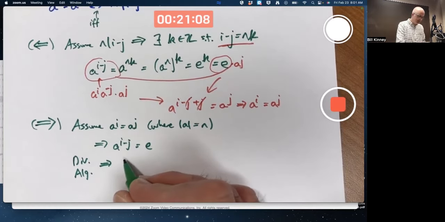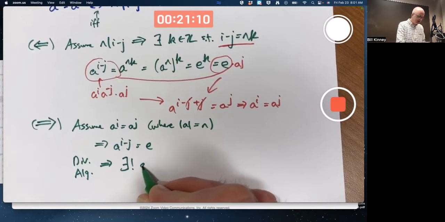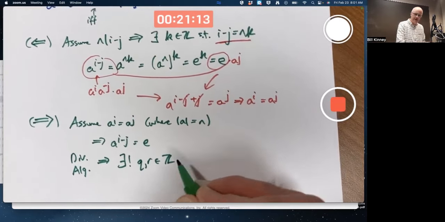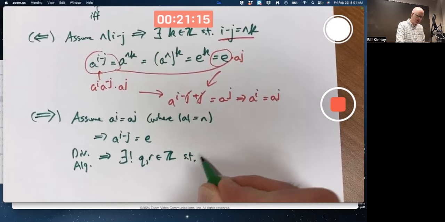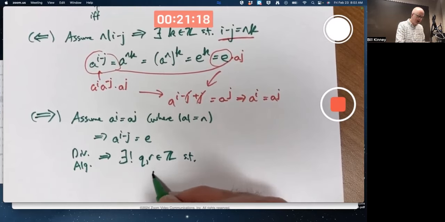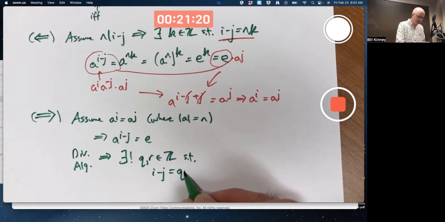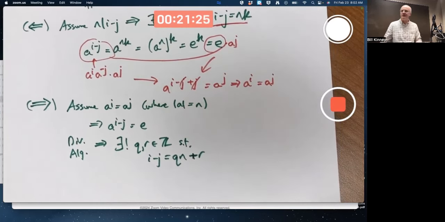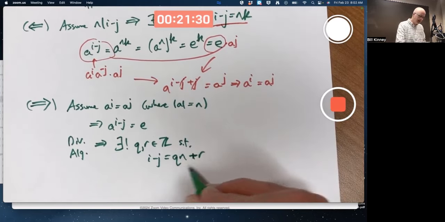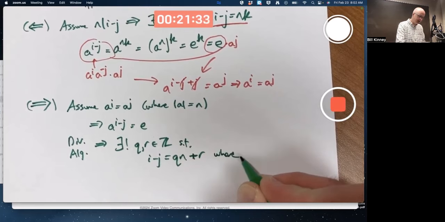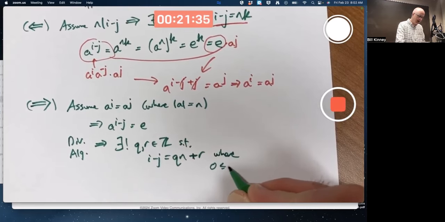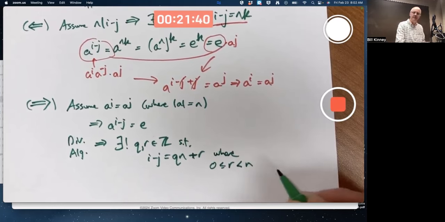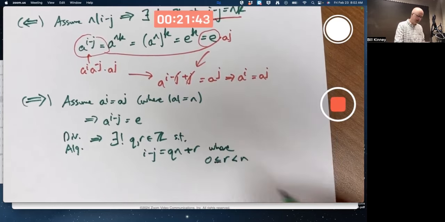At the start, the division algorithm says there exist unique integers q and r in Z such that we're again dividing i minus j by n. It's a little bit strange, but we can do that. i minus j is certainly an integer. And again, the uniqueness is with respect to the condition that r is between 0 and what we're dividing by, which is n, possibly equal to 0, but not equal to n.